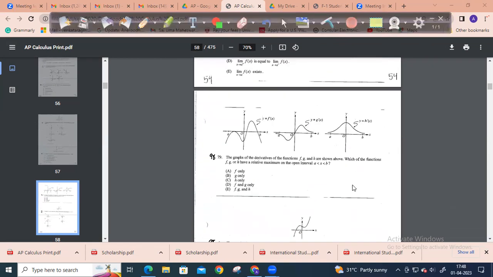Yeah, this is another good question. They give the derivatives of the functions. Which of the functions f, g has a relative maximum on the open interval a to b?